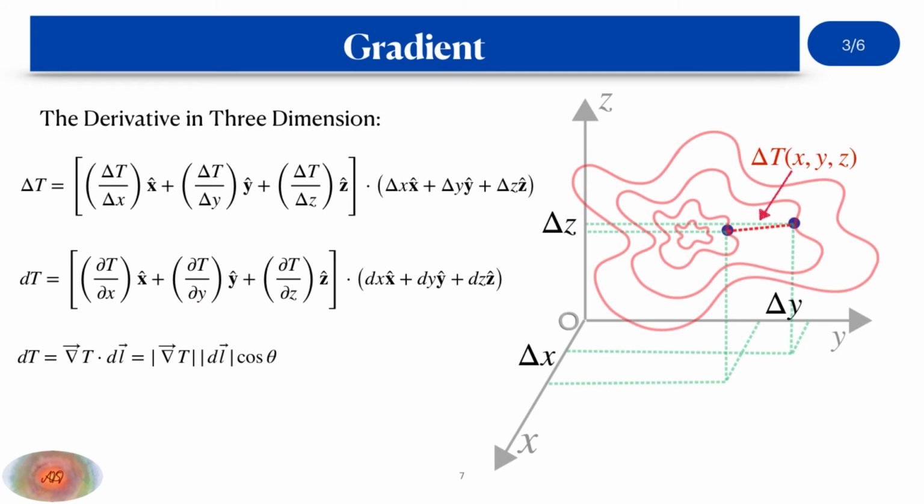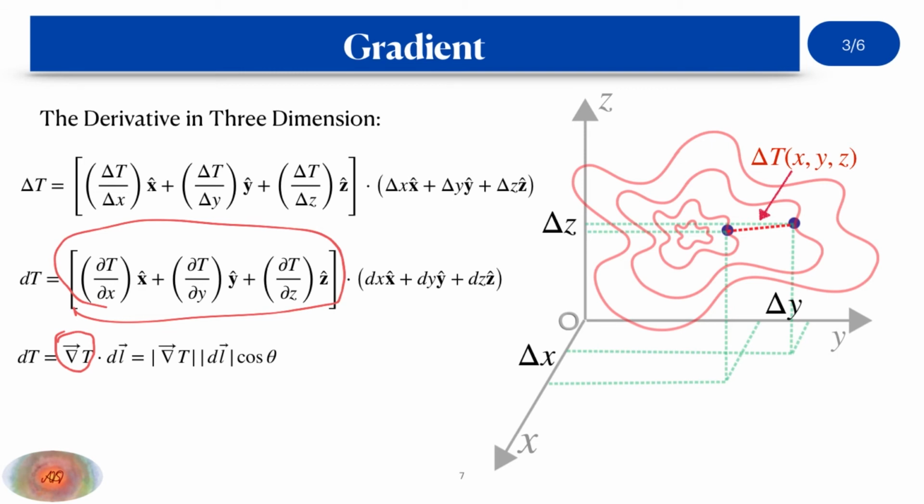Therefore, I can write this by a separate symbol, that is nabla. This symbol is called nabla, and this is an operator. This operator is called the gradient.